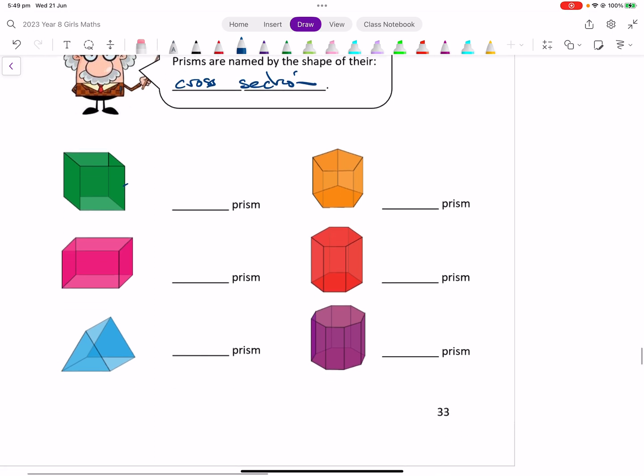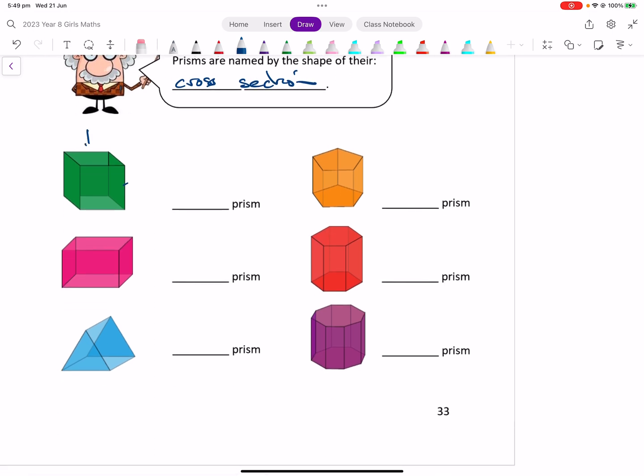So, what's the cross-section shape of this guy? It is a square. So this guy is called a square prism. What's the cross-sectional shape of this guy? It's a rectangle. So this guy is called a rectangular prism. What is the cross-sectional shape of this guy?